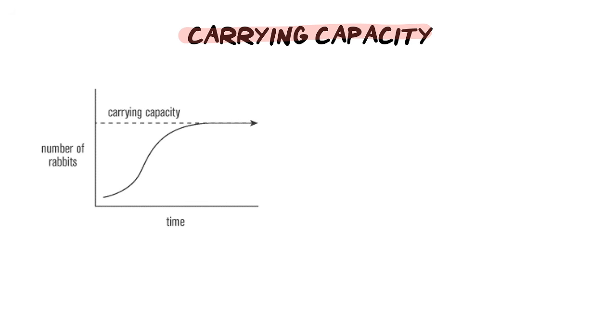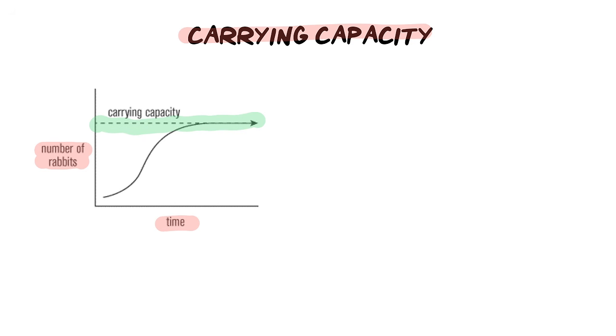Now, what actually is the carrying capacity? It is everything from the resources available, like food, shelter, space, that creates a maximum number. And if we have a look at the graph here, we have time and we have the number of rabbits in a population, and then we have the carrying capacity. That's the maximum amount of rabbits that we can support.